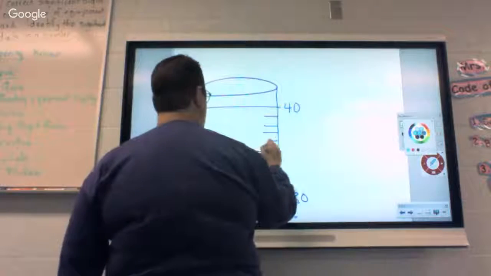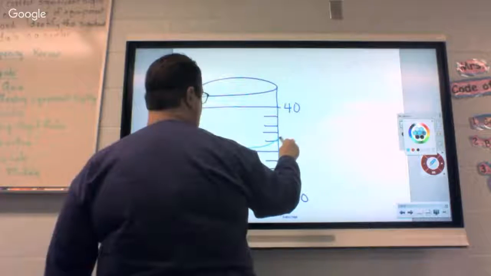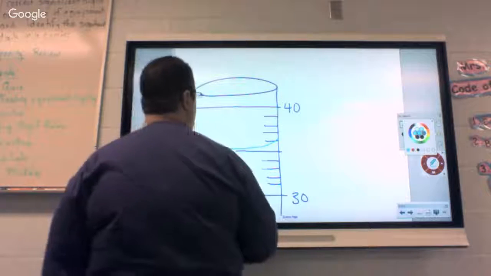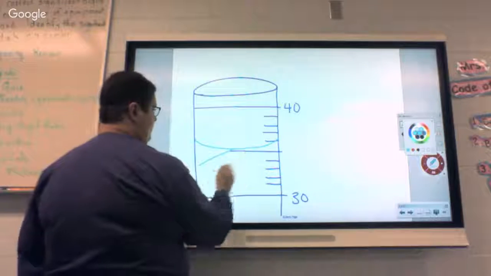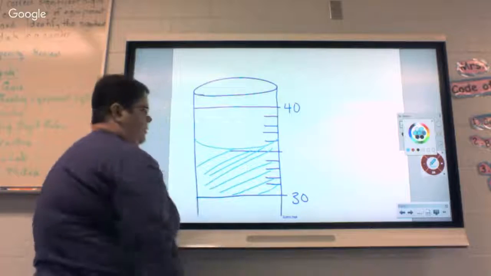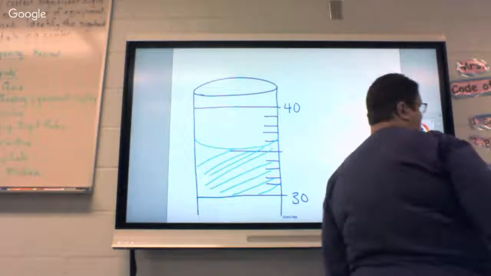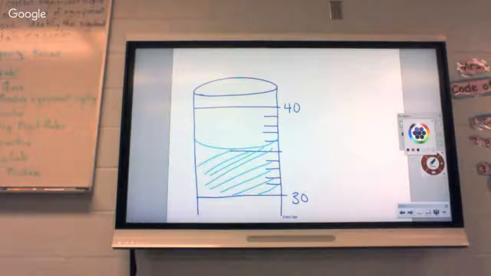And I put the water in it like that. Okay, put the water in it. All right. First of all, where do we always read water at in a graduated cylinder?